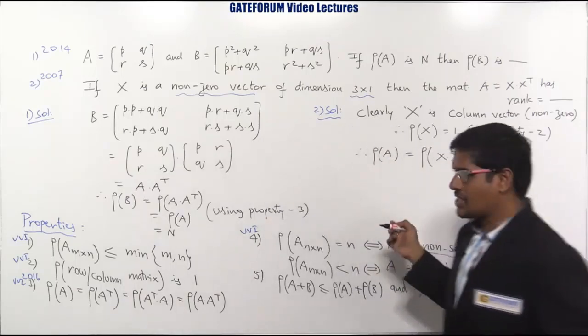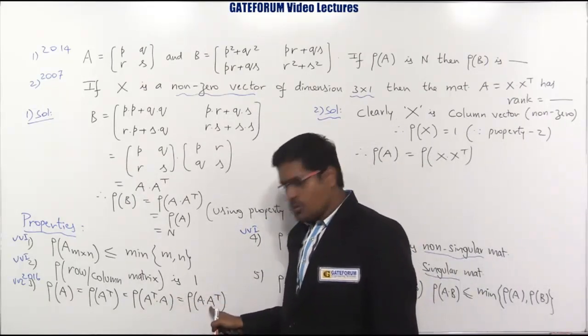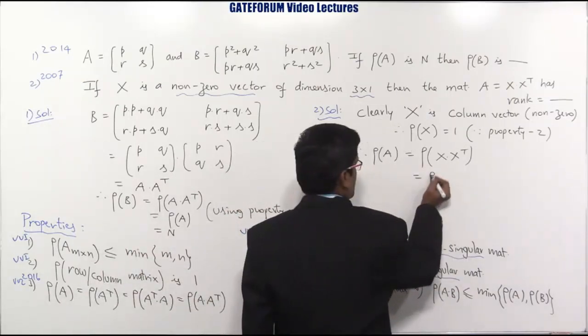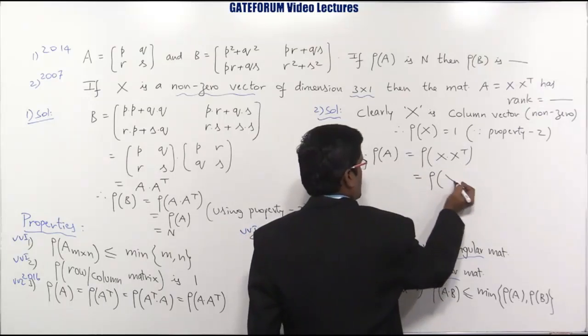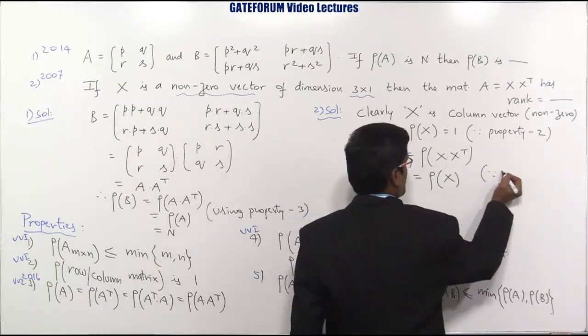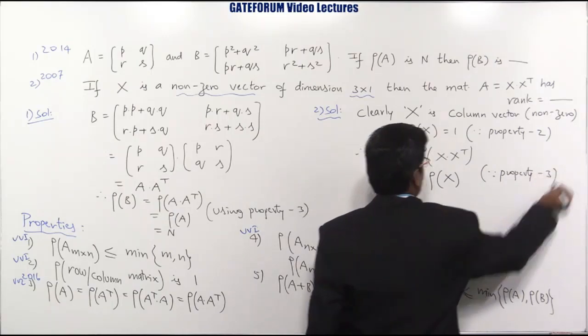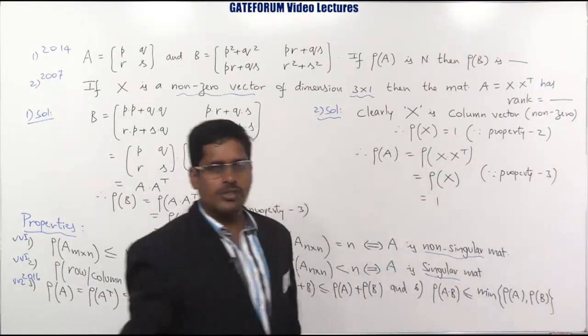So X into X transpose looks like property 3, A into A transpose, whose rank is the same as matrix A rank. That means X into X transpose has rank same as rank of matrix X since property 3. Rank of X already we got 1. So hence rank of the given matrix A is also 1.